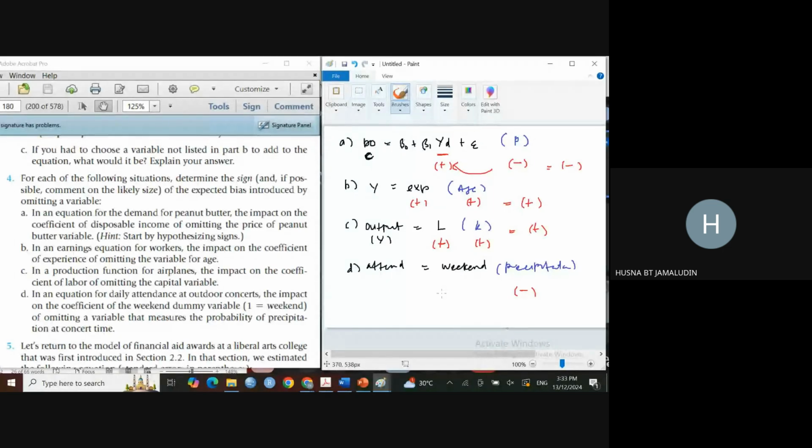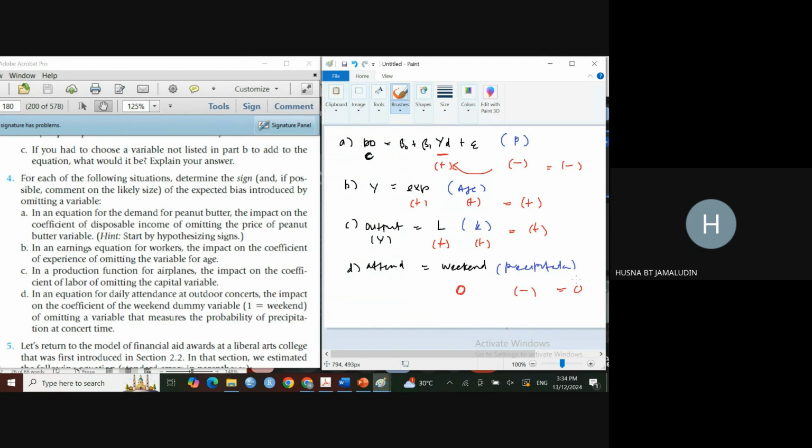Regardless of whether it is conducted on weekends or weekdays, people will come. Don't you think so? So weekend doesn't really have an impact on attendance. That's why we put zero correlation, zero relationship. So zero with negative, basically zero.